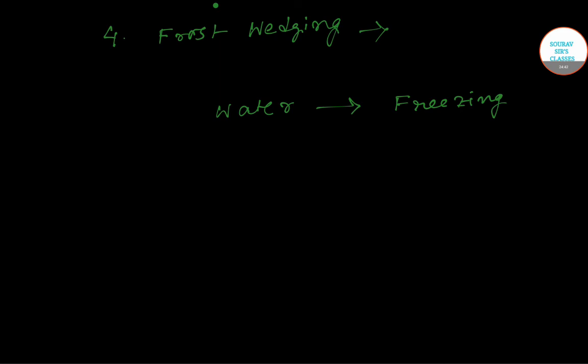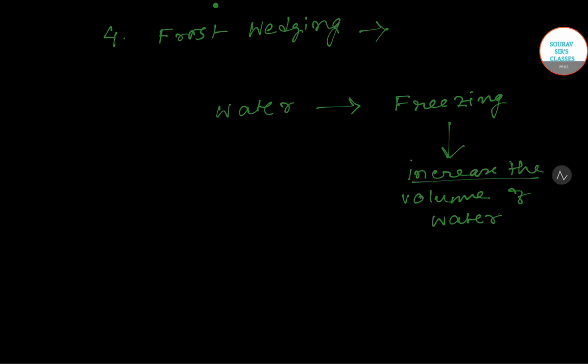When the water freezes, it increases in size, it increases the volume of the water. So that will be the correct term, volume of water. So this increased volume of water is what happens.